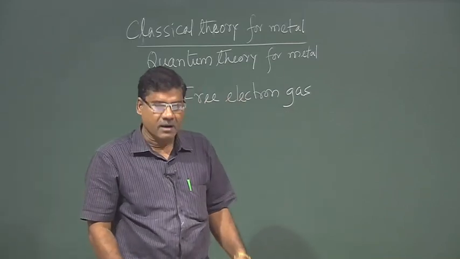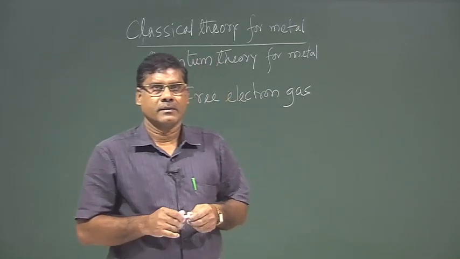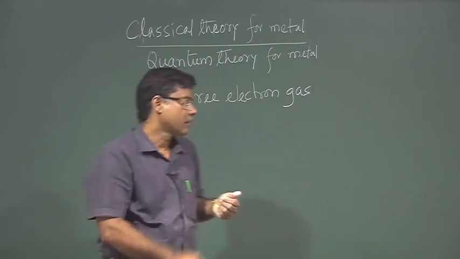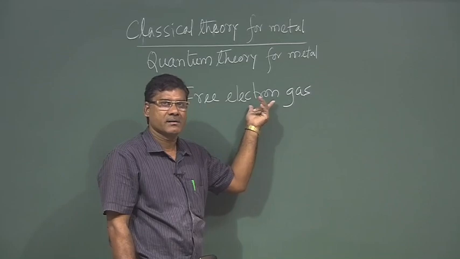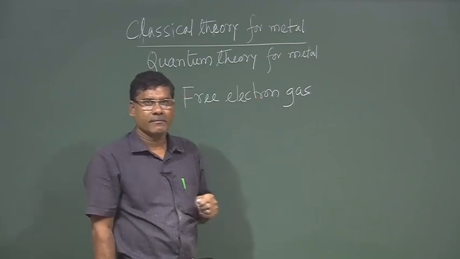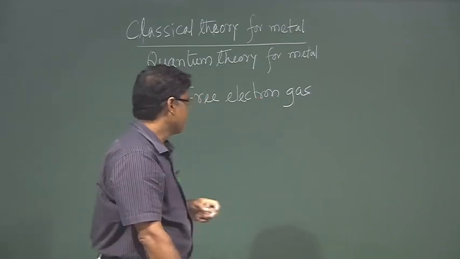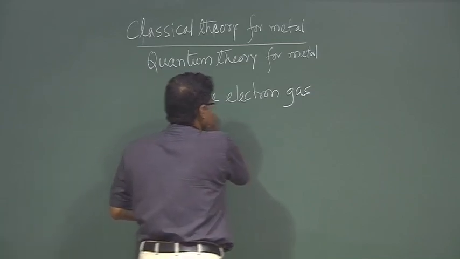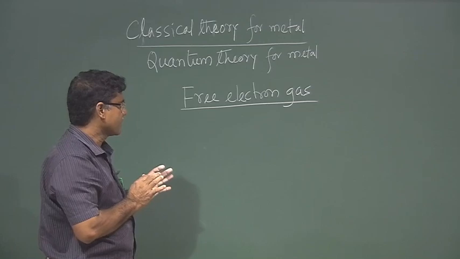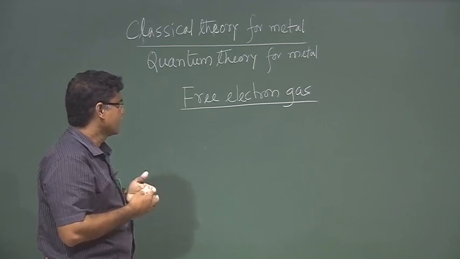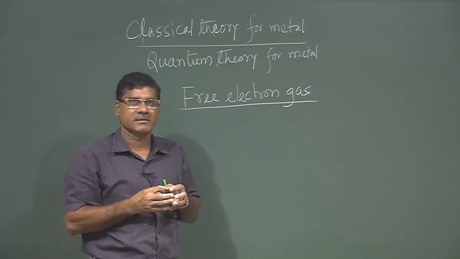It may not be completely free, it may have potential, but weak potential. But the main thing is that this free electron gas is there in metal. We can treat the metal as a source of free electron gas.